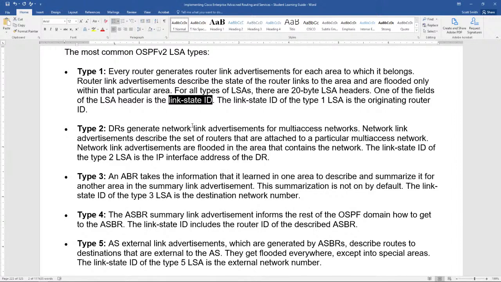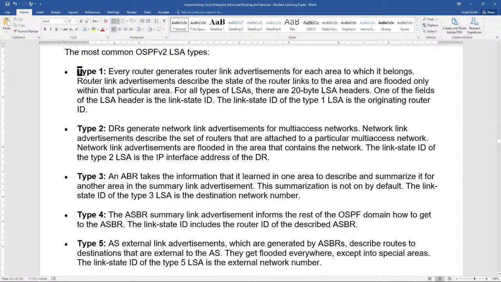In the case of a type 1 LSA, the link state ID is the router ID of the individual that's actually generating the LSA. Okay, and we'll see this. I'm going to show you guys this in the lab exercise. We'll do a deep dive and take a look at this in the lab exercise.